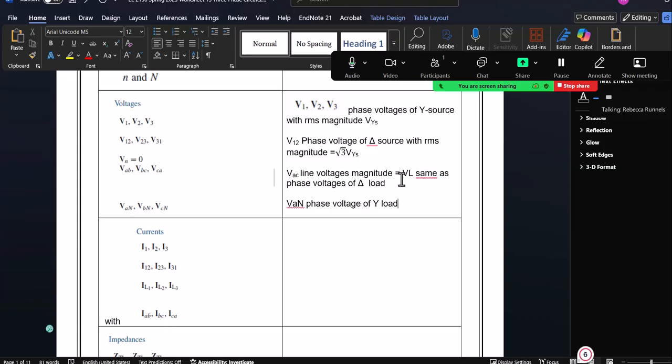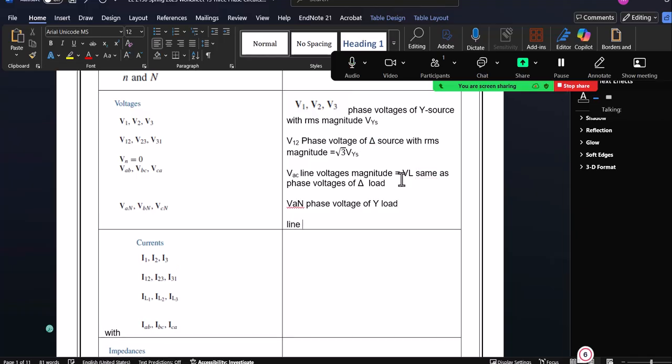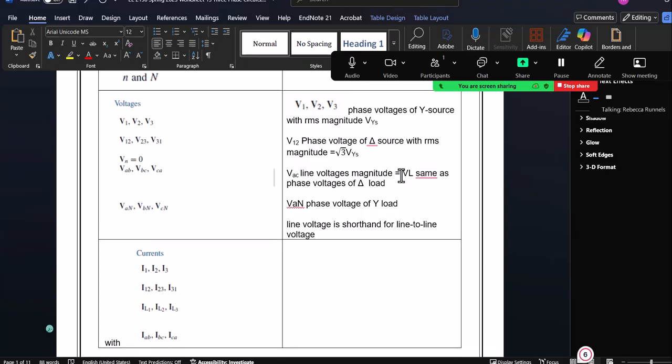When we say line voltage, that's shorthand for line-to-line voltage. Because what would it mean to just say voltage? Voltage is always relative to something else.